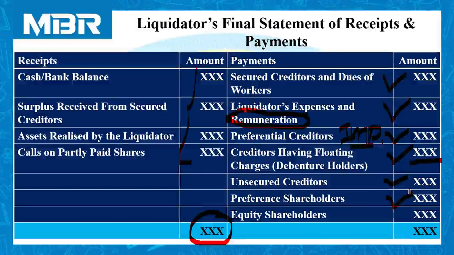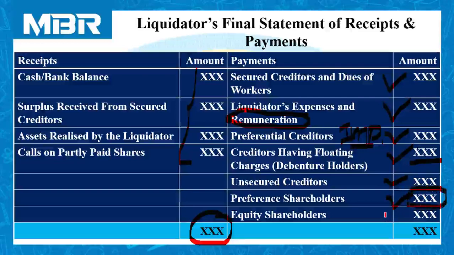As per the provisions of the Companies Act, preference shareholders are always in a priority to get their amount returned before paying any sum to equity shareholders. So, after making payment to unsecured creditors, it is time to pay their dues to preference shareholders.